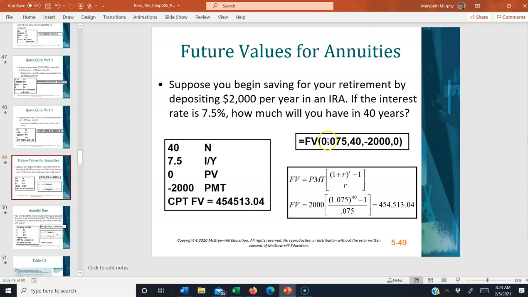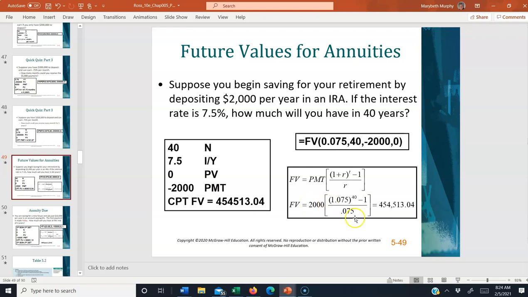Okay, using Excel, we're going to use the future value function. It's going to be 0.075 for the interest rate, 40 is the number of payments, minus 2,000 is the payment, and 0 is the present value. That again should give you 454,513.04.